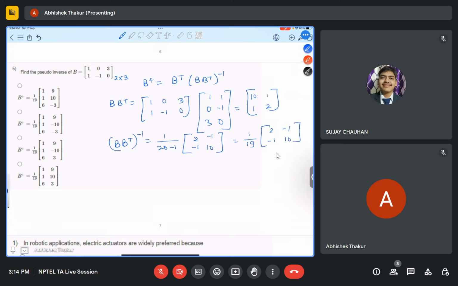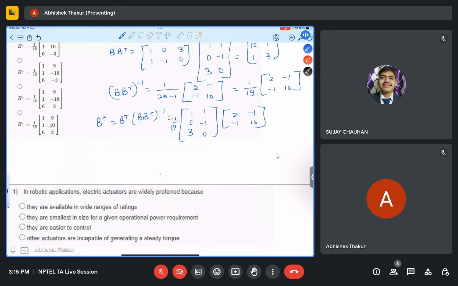Now again, the pseudo inverse is B transpose into B B transpose whole inverse. So this will be equal to 1 0 3 1 minus 1 0 into 2 minus 1 minus 1 10.